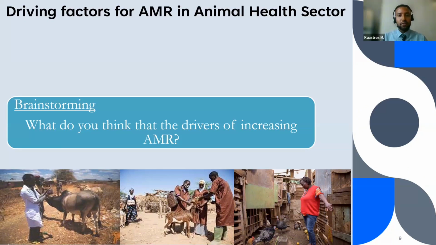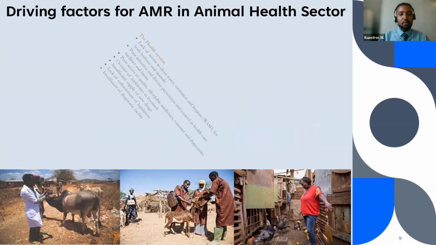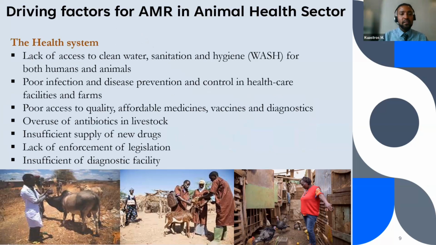Thank you so much, Alodi. Yes, very nice. Excellent. You mentioned all of the driving factors for AMR, particularly in the animal health sector. We can categorize what you mentioned into two groups.